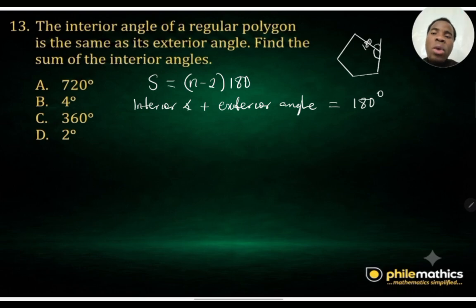And so if we are told that the interior angle and the exterior angle are the same, let's say the interior angle is x, the exterior angle is also x.